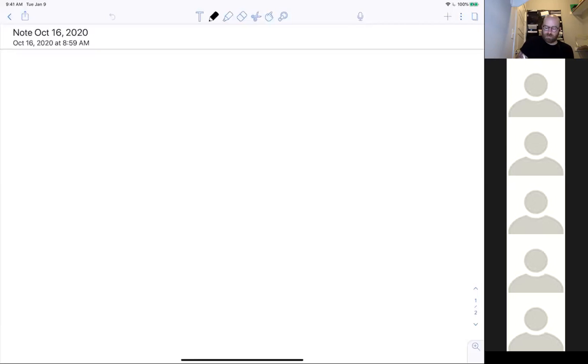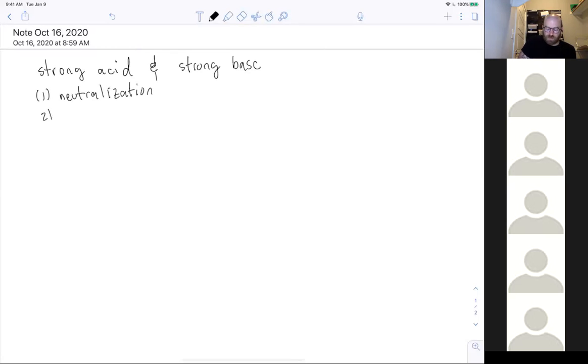Anyway, in the last class, we looked at a situation where you have a strong acid that's being titrated by a strong base. Those problems are reasonably straightforward as far as titrations go.